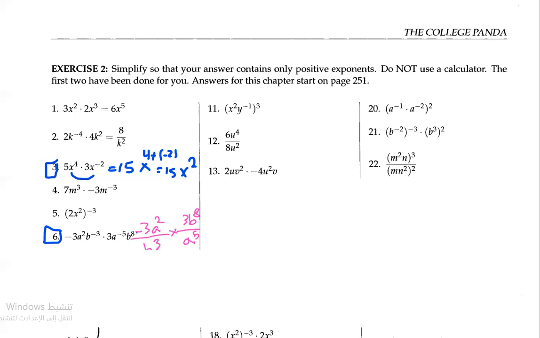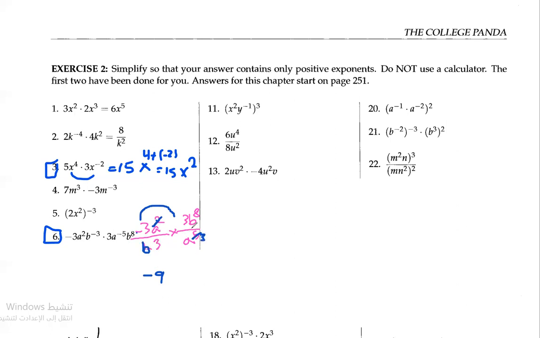You can write it like this. Minus 3 times 3 equals minus 9. And a with 5, you subtract 2 minus 5. When you subtract this, the remainder will be 3.